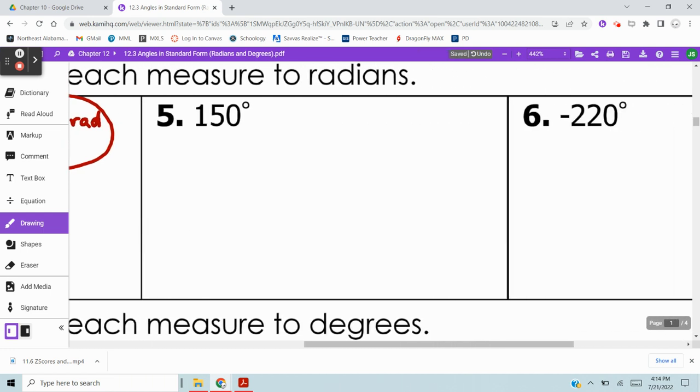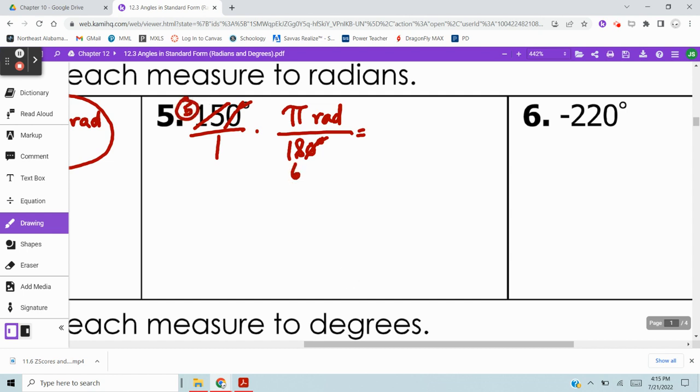The next one, 150 degrees, multiply by the conversion factor. I know that pi radians and 180 degrees is the exact same thing. I put 180 on the bottom so that I can mark that out. I can cross cancel by first dividing by 10, which is going to get rid of those zeros. I'm now going to divide by 3, which makes that a 5, makes that a 6.